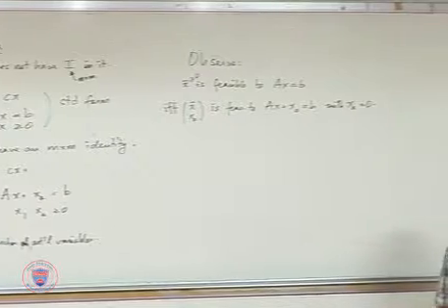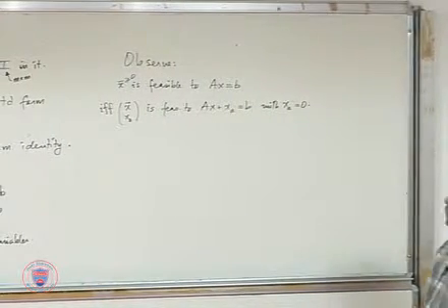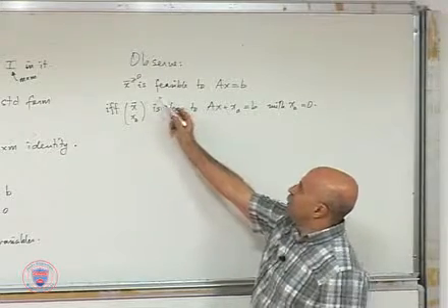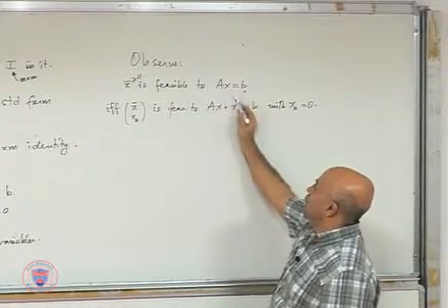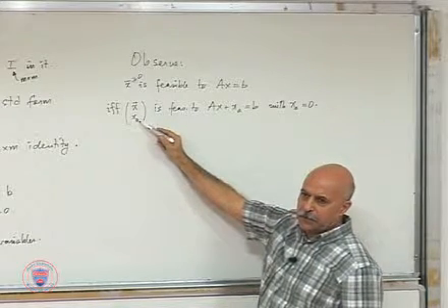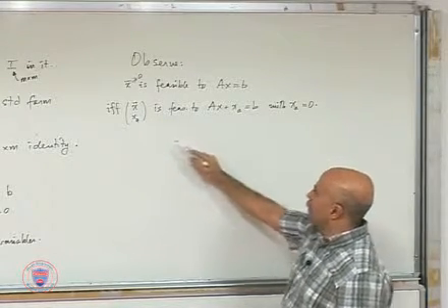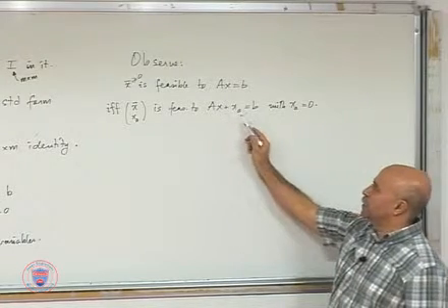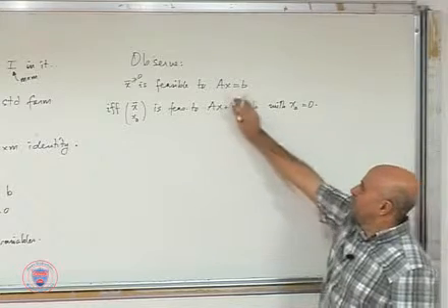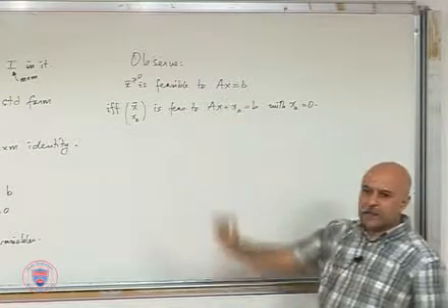Okay, let's just write it that way. So, whenever X bar is feasible to AX equals B, it should be the case that the enlarged vector, or the extended vector with XA included, is feasible to the extended system, or the new system, with XA equal 0, so that AX equals B is satisfied. Okay?